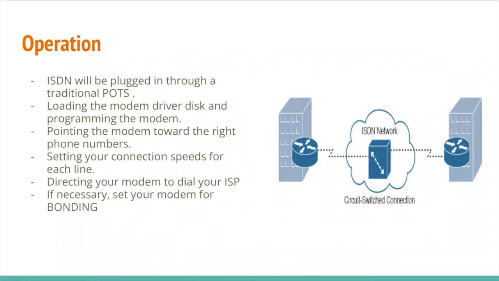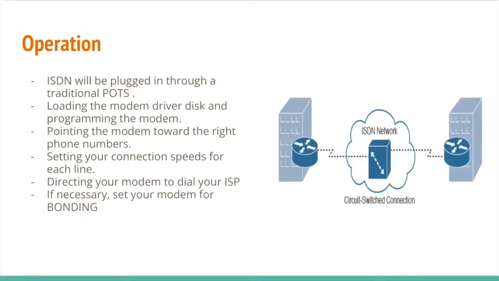So ISDN will be plugged into a traditional POTS. POTS is plain old telephone service, and this is a line that can access both phone numbers at once. Then you have to make sure you have a working POTS line and assigned phone numbers to begin.